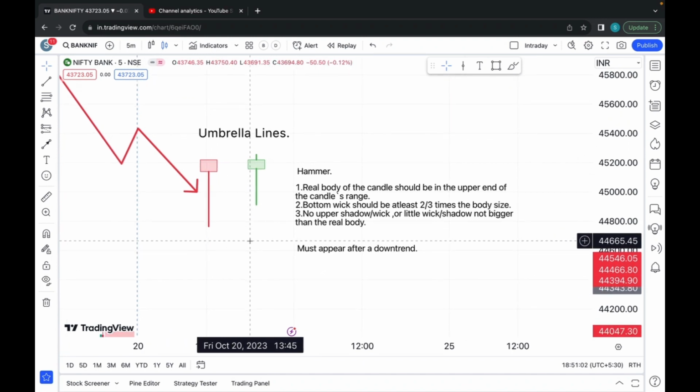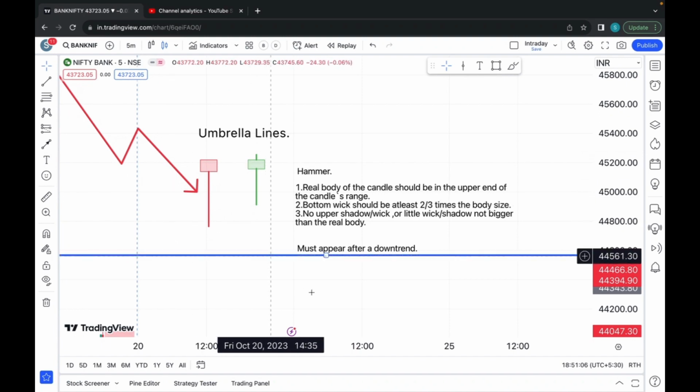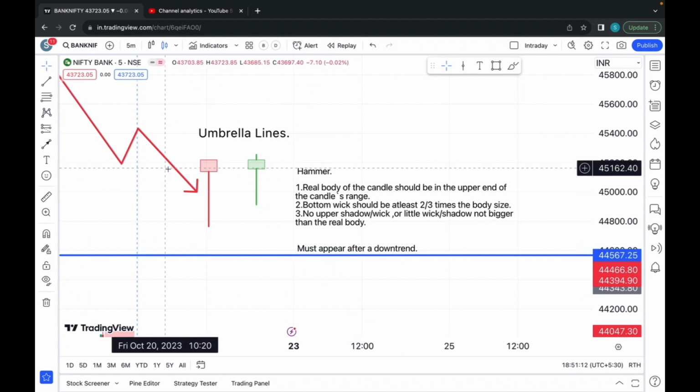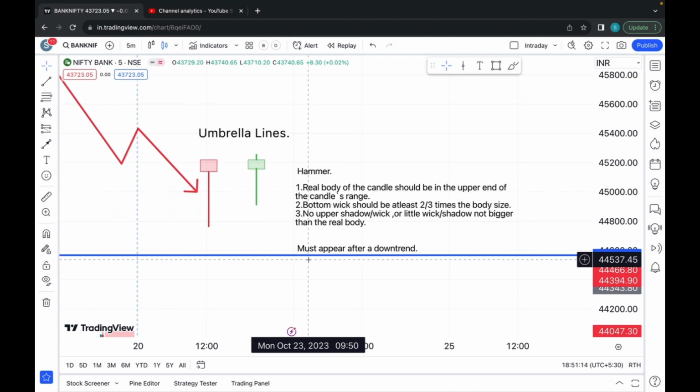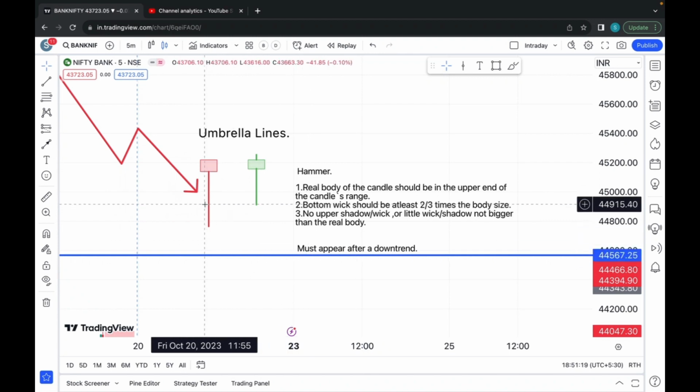So till now it's all fine, because we have covered these points. We know what a hammer is, and when to call it a hammer, after which trend. So how can we benefit from this candlestick pattern? Very simple.